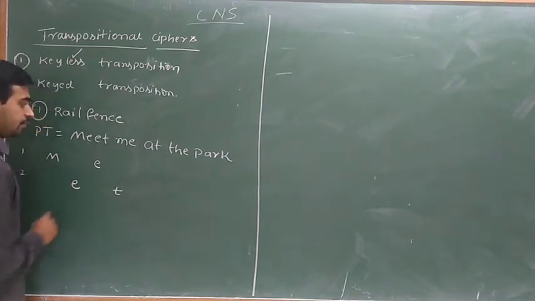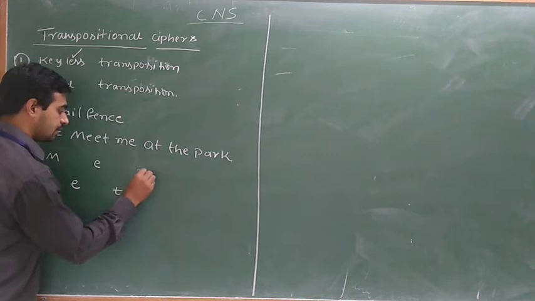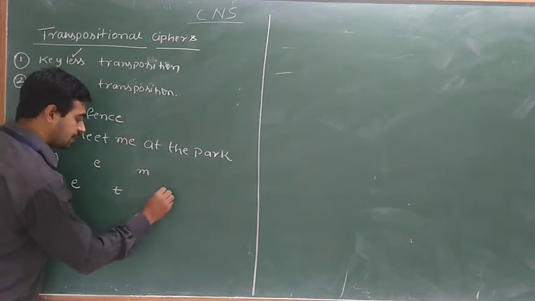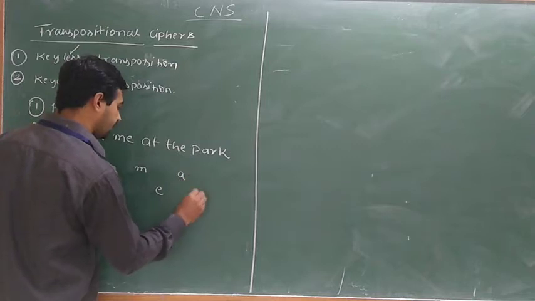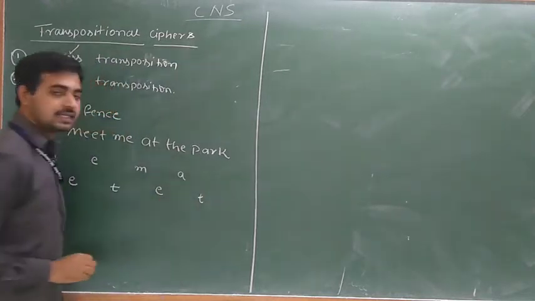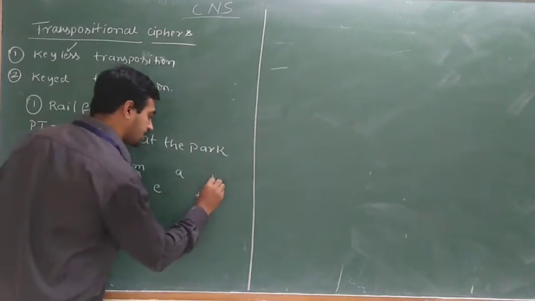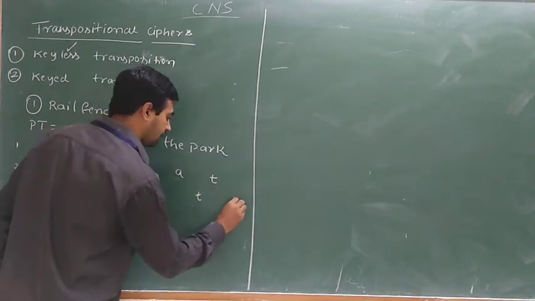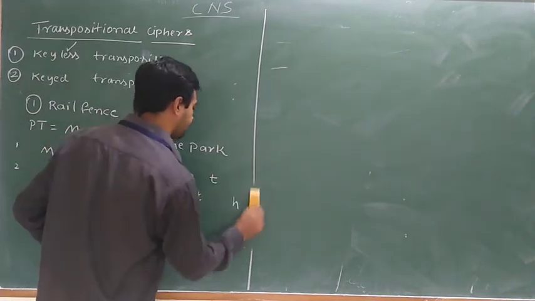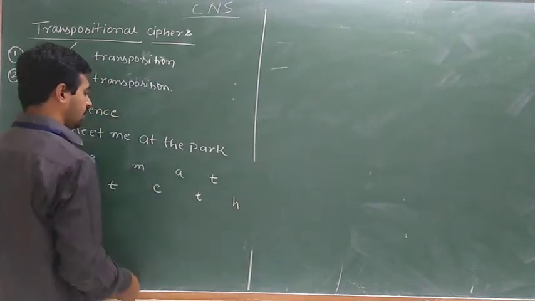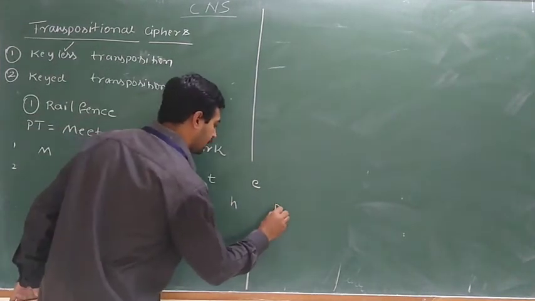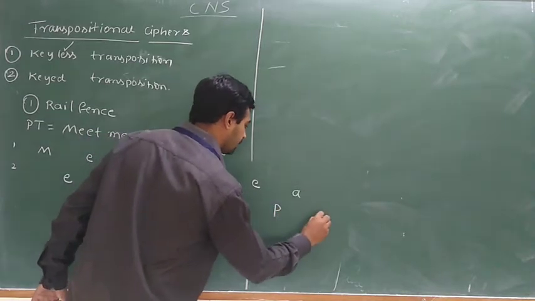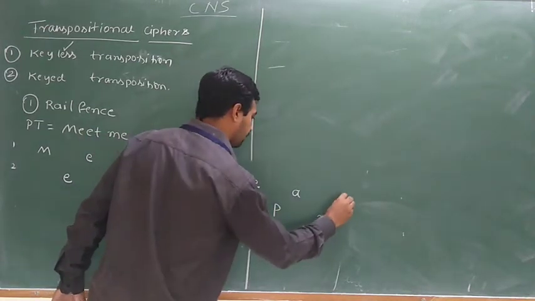T I will write here. Next character is M, next is E, then A, then T, then again T, then H, then E. In the same way you write everything here: A, R, K.